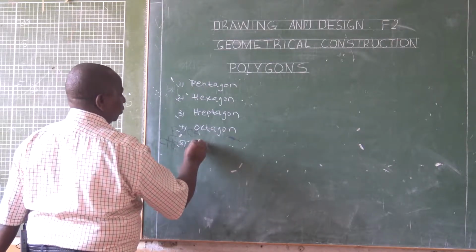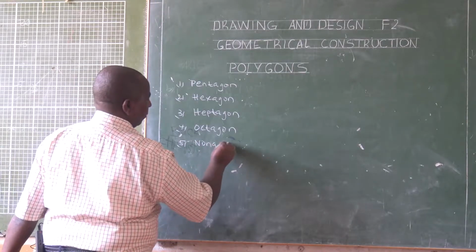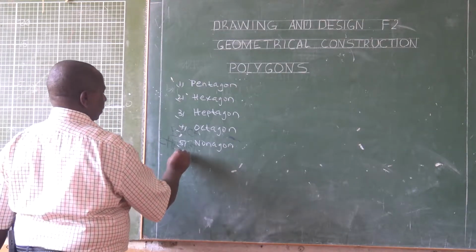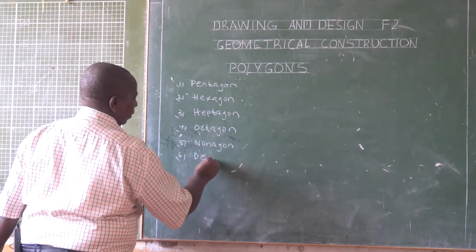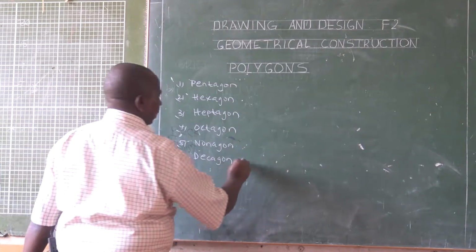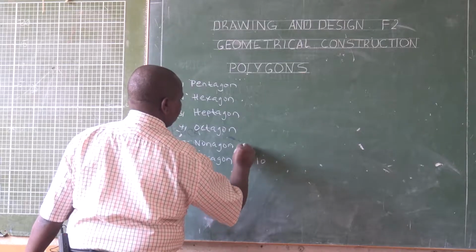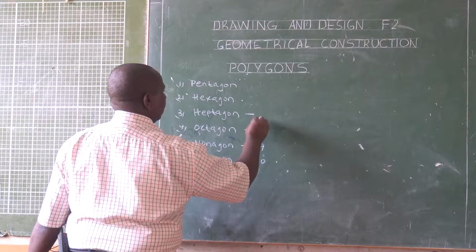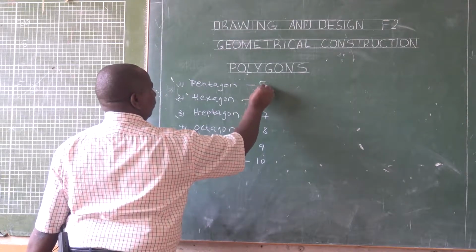We may also go to the nonagon, and just in case we have forgotten, the decagon, which is the 10-sided figure. This is 10, this is 9, then 8, then 7 sides, 6 sides, 5 sides.